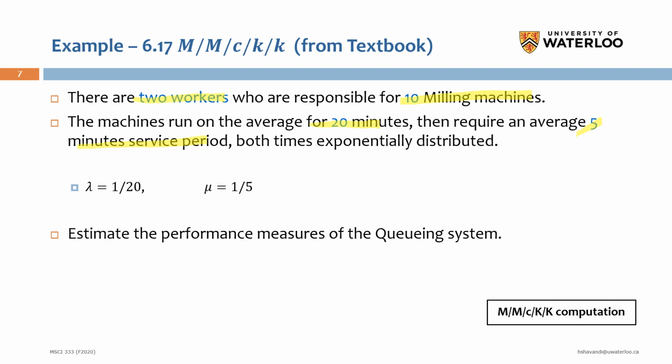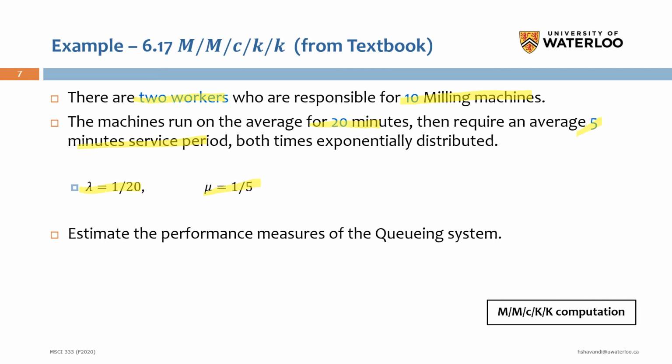By having this, every 20 minutes we need to service the machines, right? So lambda equals 1 over 20, the arrival rate for service, and the average is 5 minutes, so if we divide 1 by 5, that will be the service rate, mu, right?